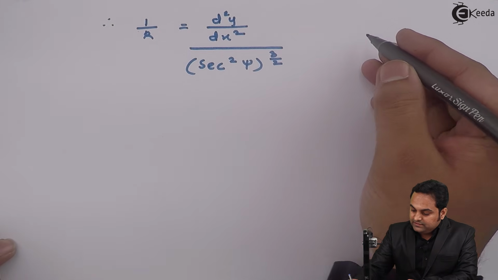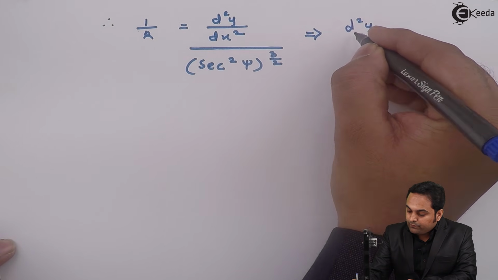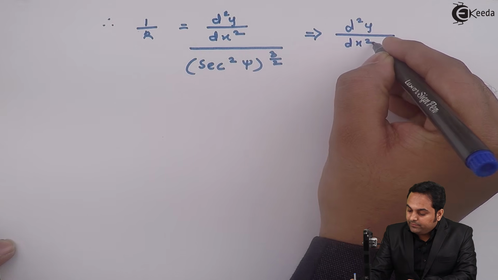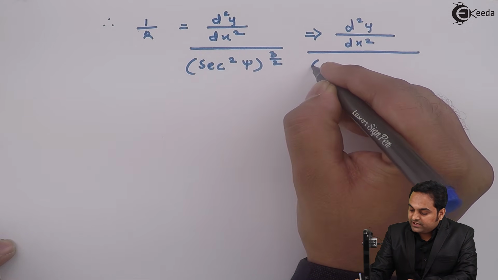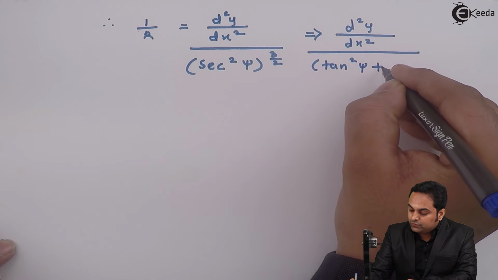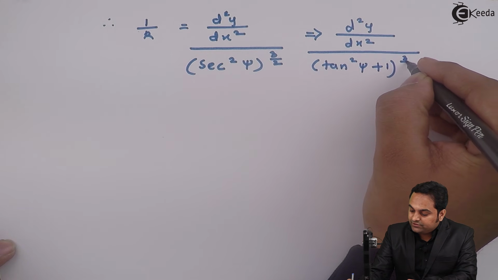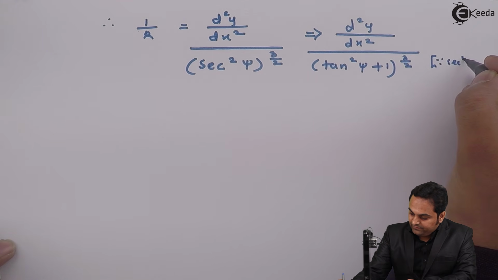Now this term will be equal to d square y by dx square divided by tan square psi plus 1 raised to the power 3 by 2, since sec square theta is tan square theta plus 1.